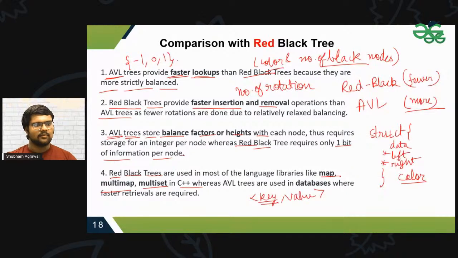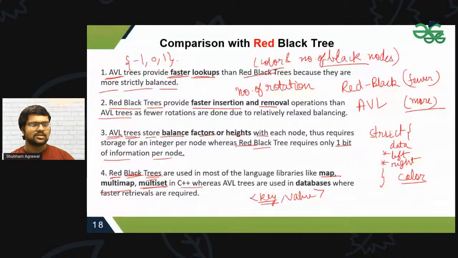Then we have multi-map, in which we can have multiple duplicate keys, and multi-set in C++, in which we have duplicate keys in the set also. These are implemented using a balanced binary search tree, that is a red black tree, because here insertion and deletion will be faster as compared to an AVL tree.